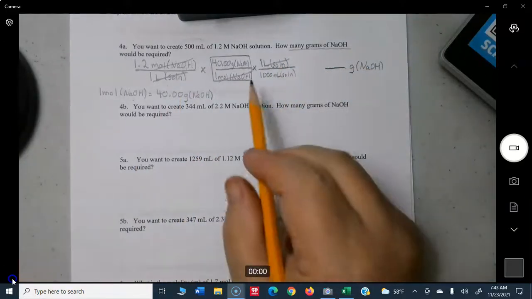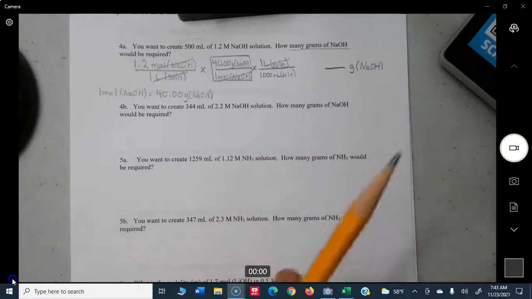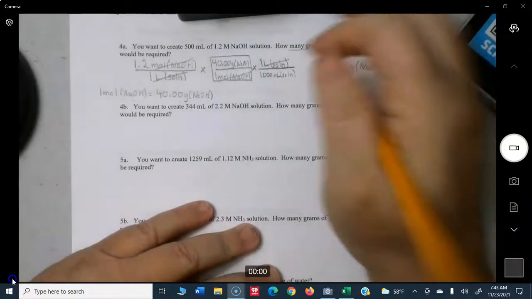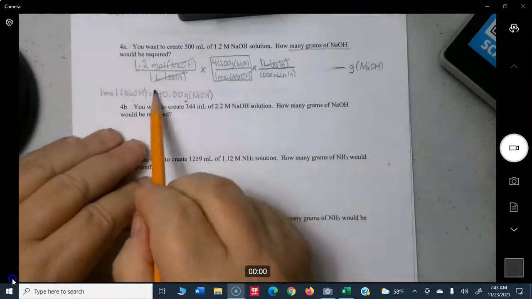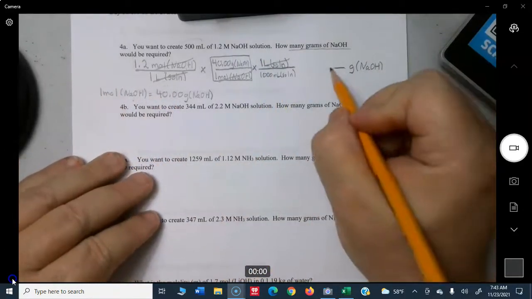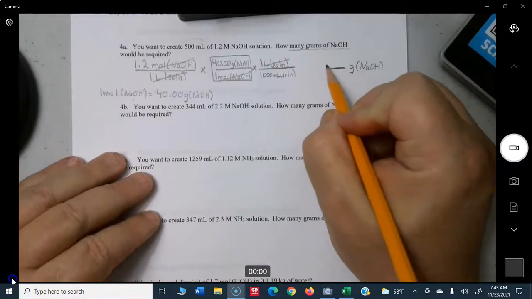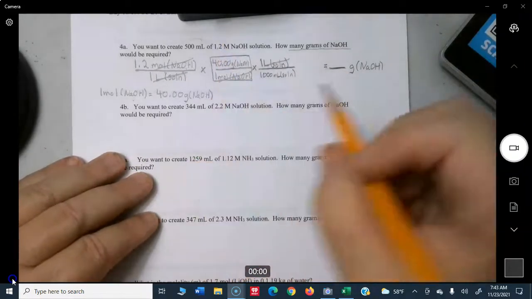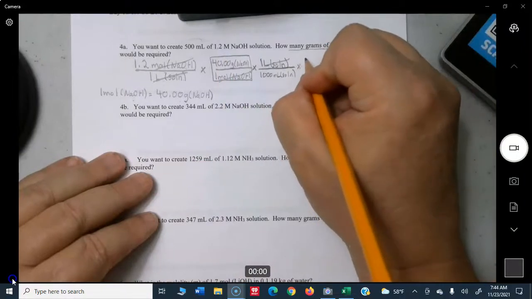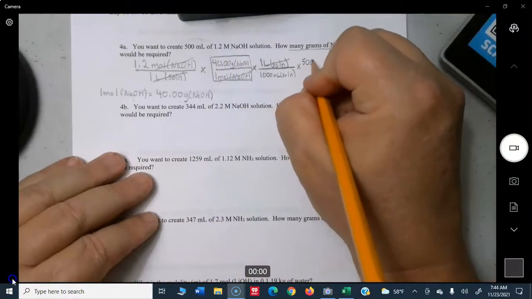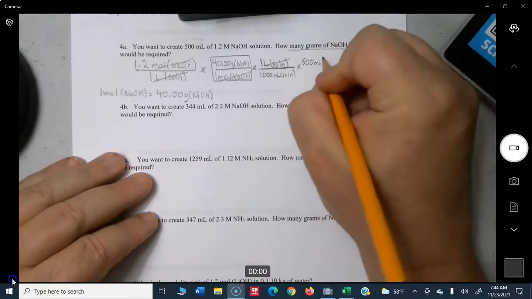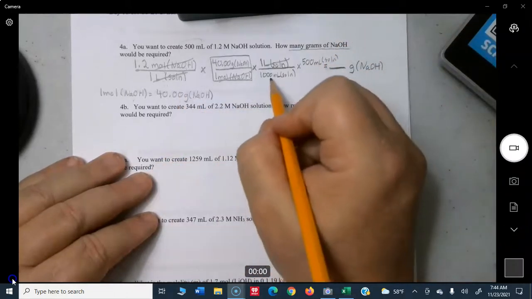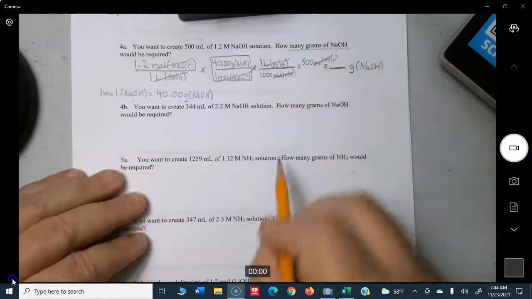So now we have milliliters of solution on the bottom. We need to get rid of that. I'm going to give myself a little more space here. That's why I really should have started writing this way over here. You just don't know sometimes how many conversions you're going to need. I knew, but I didn't give myself enough space. Okay, so now we put the 500 milliliters on top. And that's of solution.